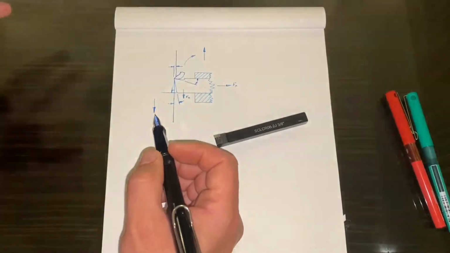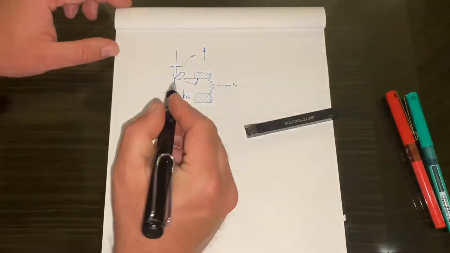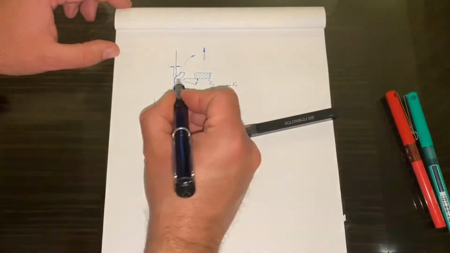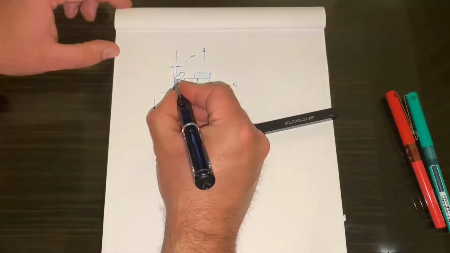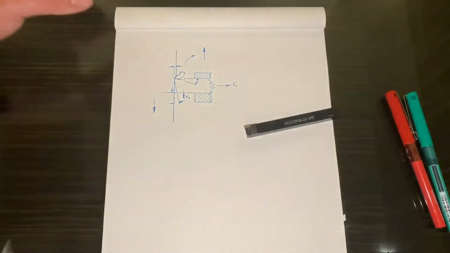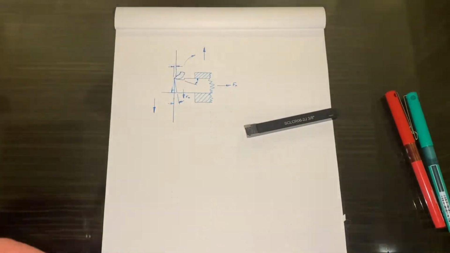And for most materials, you always want to have a positive rake, which means that the angle always drops away below the horizontal. If it's negative rake, then the angle goes above the horizontal. That's typically used for hard materials, so hard turning uses a negative rake.